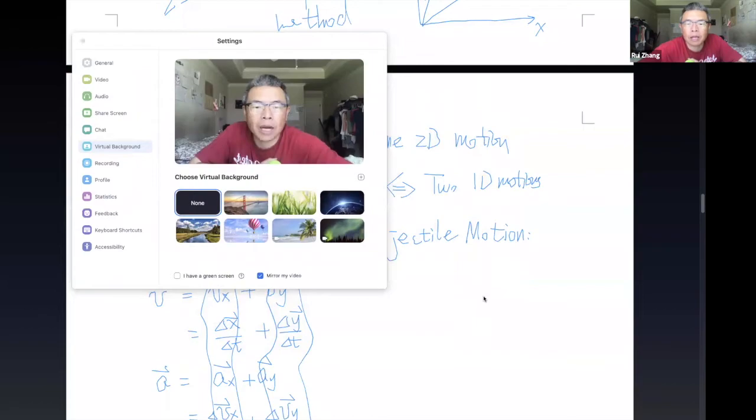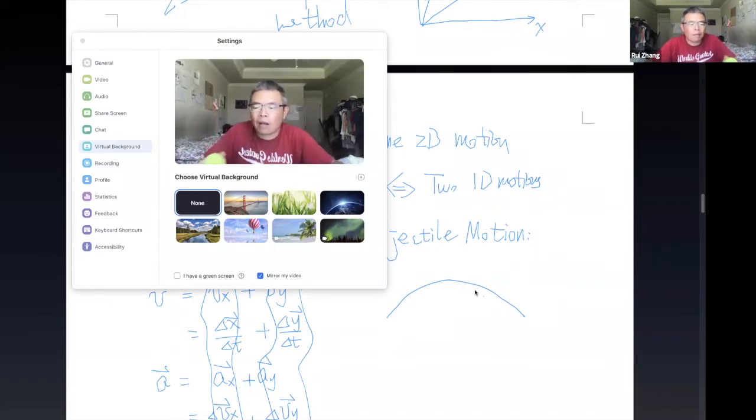Basically projectile motion has a trajectory kind of like this. It's a really nice, simple curve. It turns out it's a parabola, a mathematical curve. We'll explain why it's a parabola later.